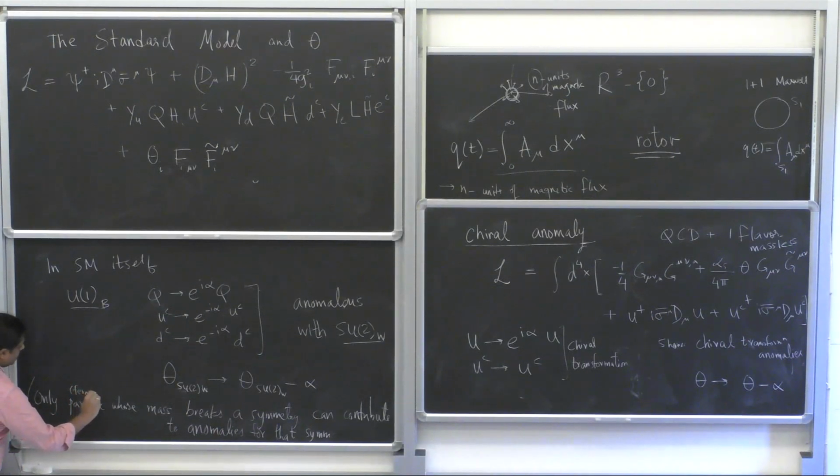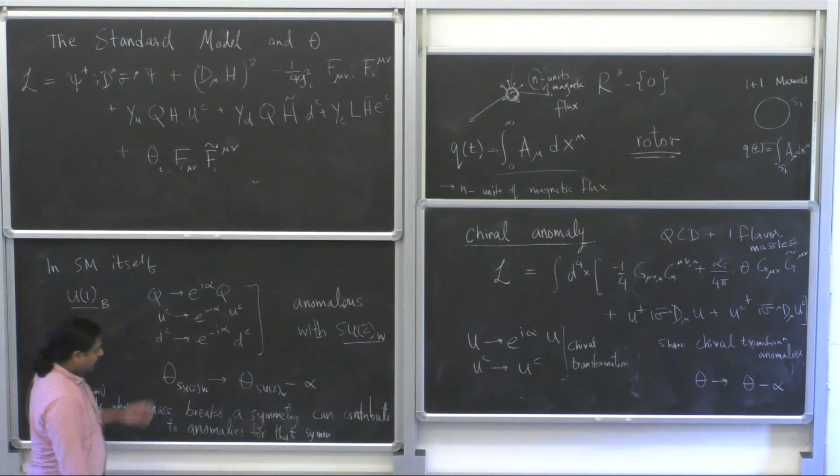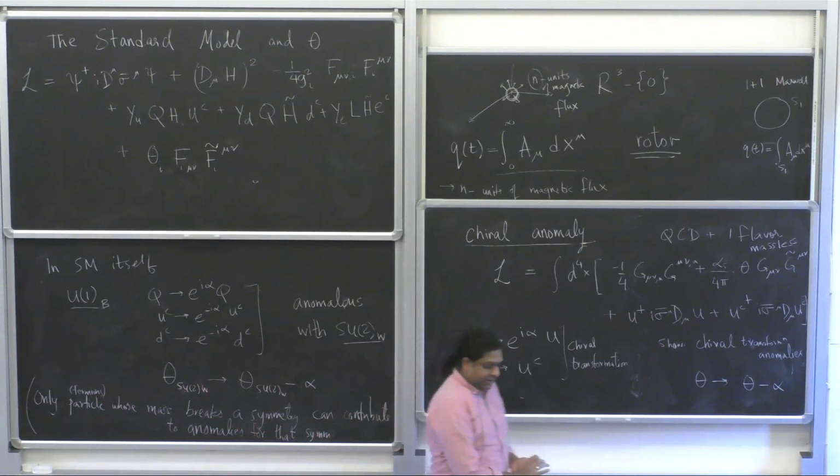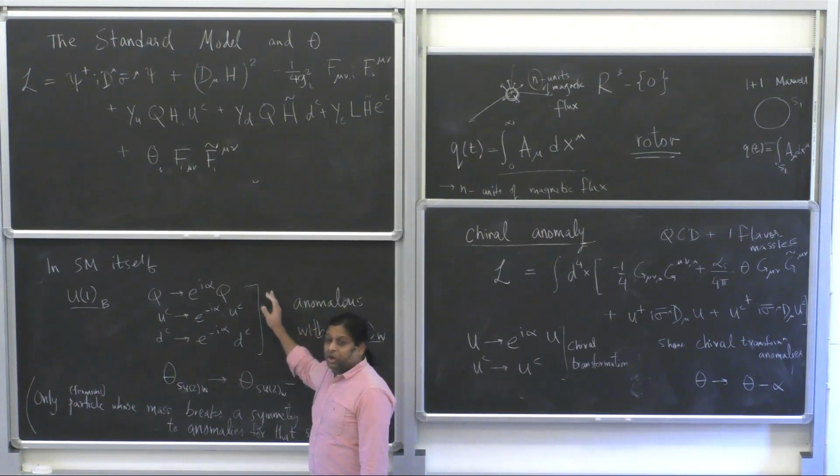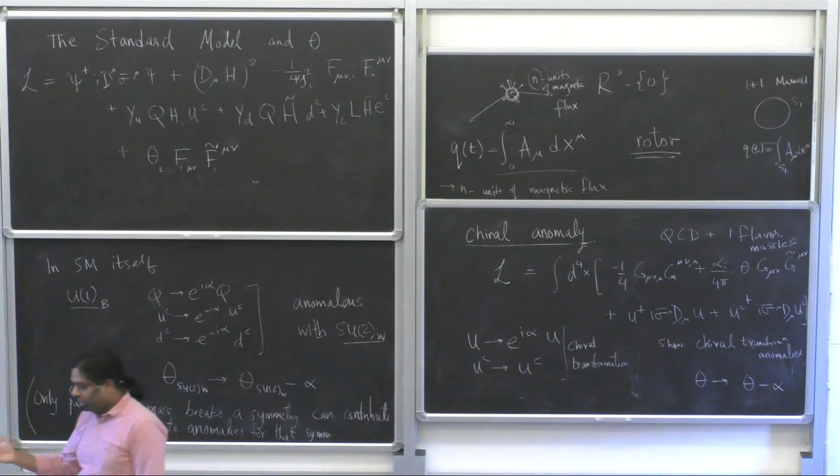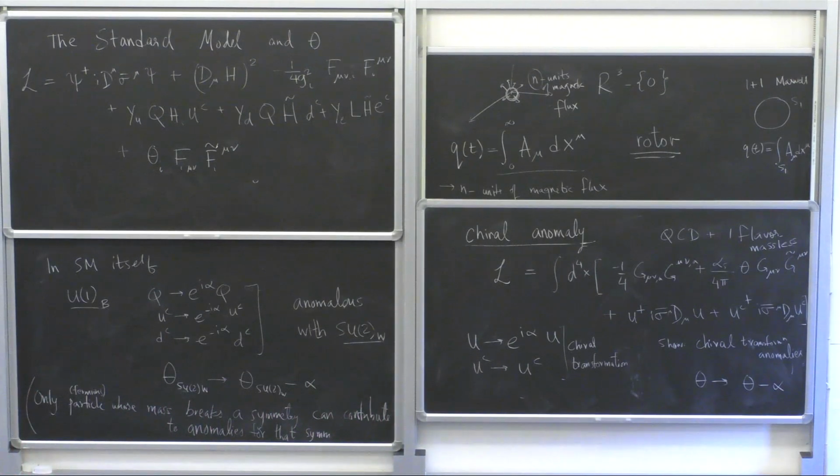We need fermions for anomalies. If you have some fermions whose mass term does not violate a symmetry, there's always a Pauli-Villars type regulator that's available to regulate the theory, and you can show that there are no anomalies in that theory.